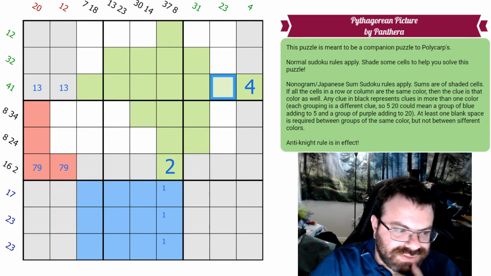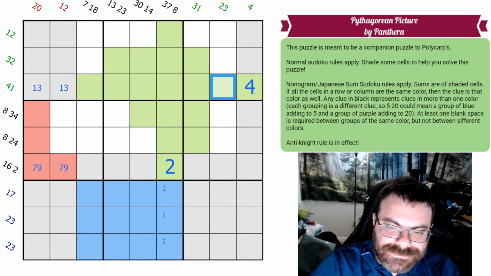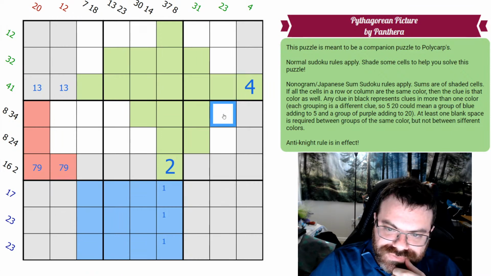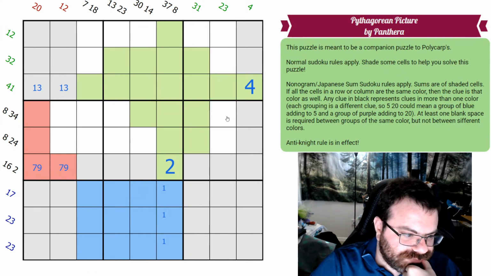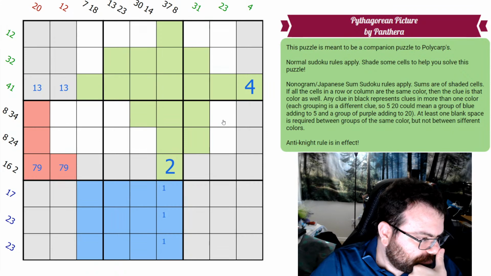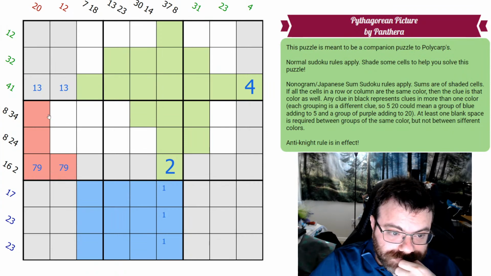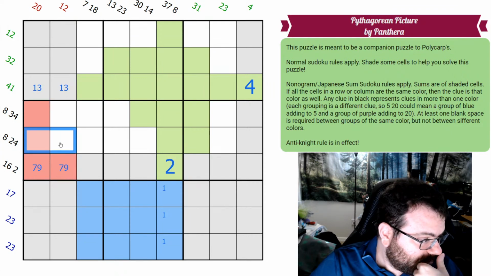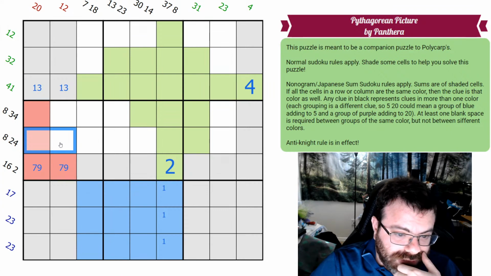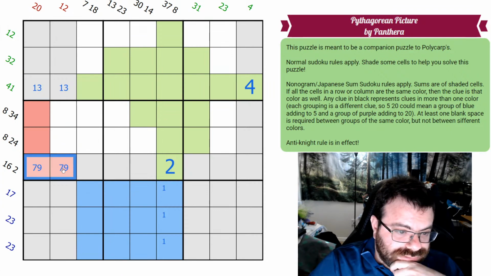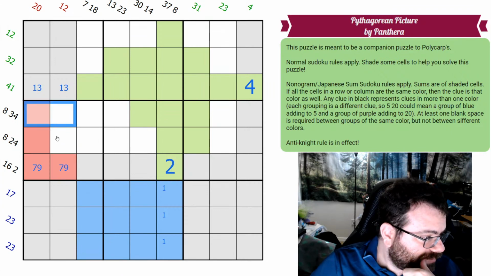23. How's that looking? Only has to be 3 long. That's true.